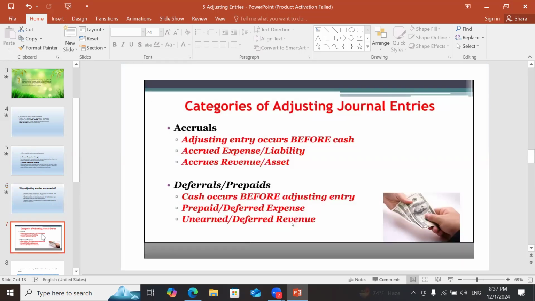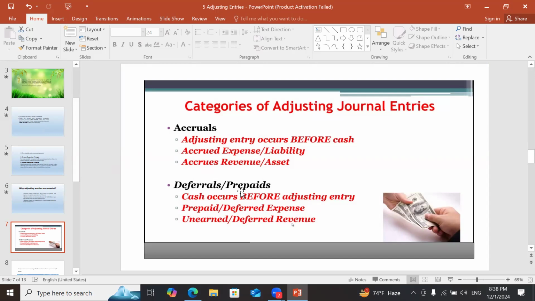Now I am going to adjusting entries categories or types. Two categories of adjusting entries: accrual basis and deferral or prepaid. Prepaid means advance and accrual means outstanding. Accrual means the transaction occurred but is not paid instantly. And prepaid means advance paid.